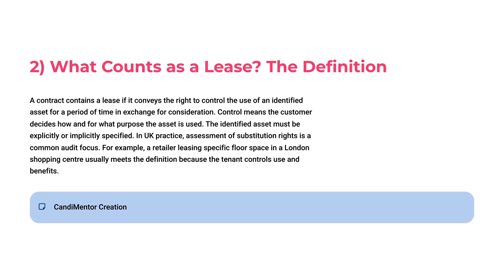In UK practice, assessment of substitution rights is a common audit focus. For example, a retailer leasing specific floor space in a London shopping centre usually meets the definition because the tenant controls use and benefits.